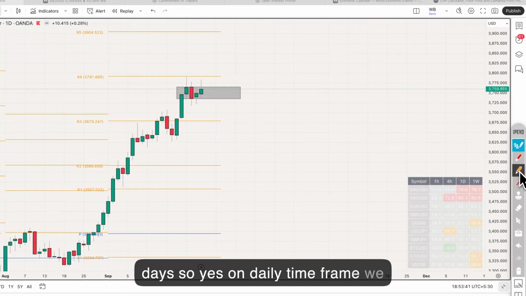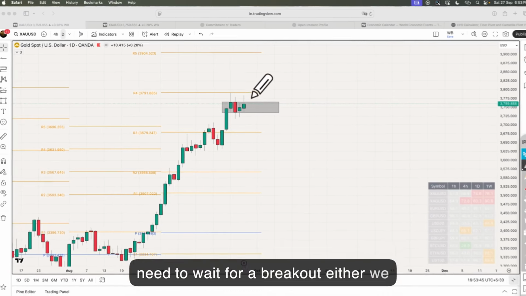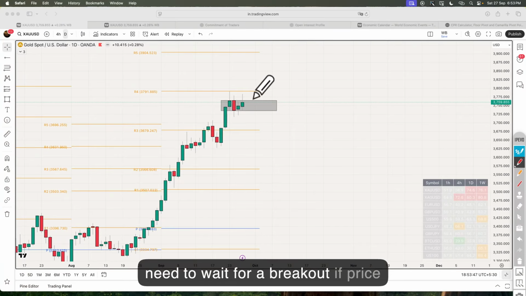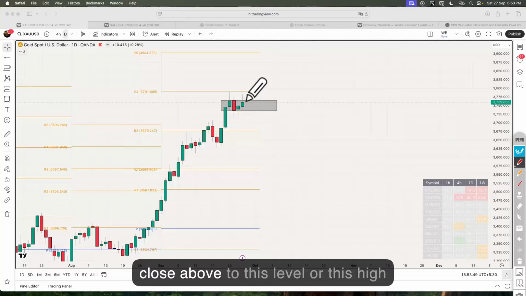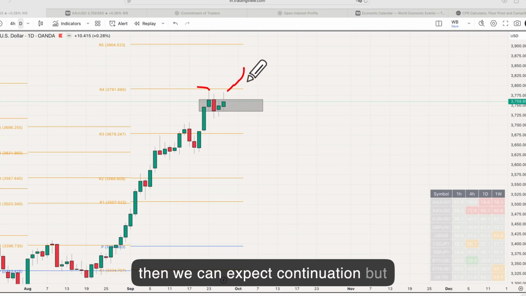So yes, on the daily time frame we need to wait for a breakout. If price closes above this level or this high, then we can expect continuation.